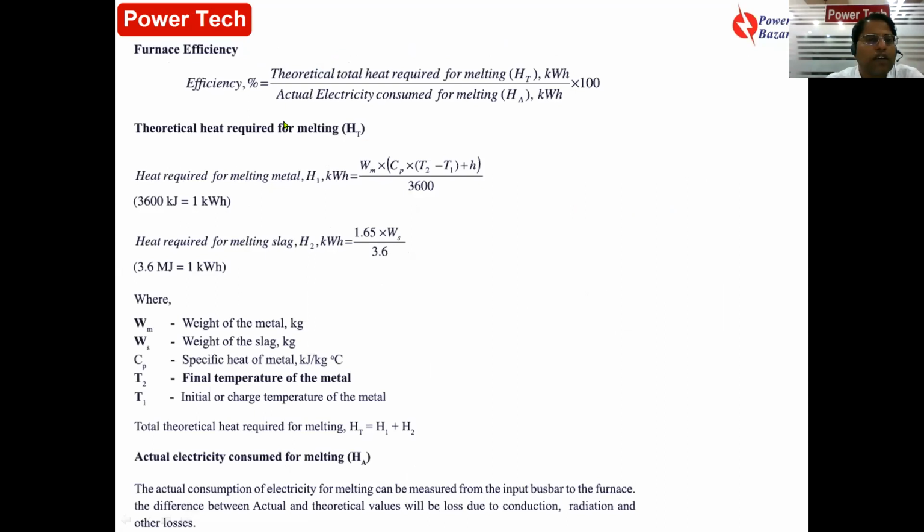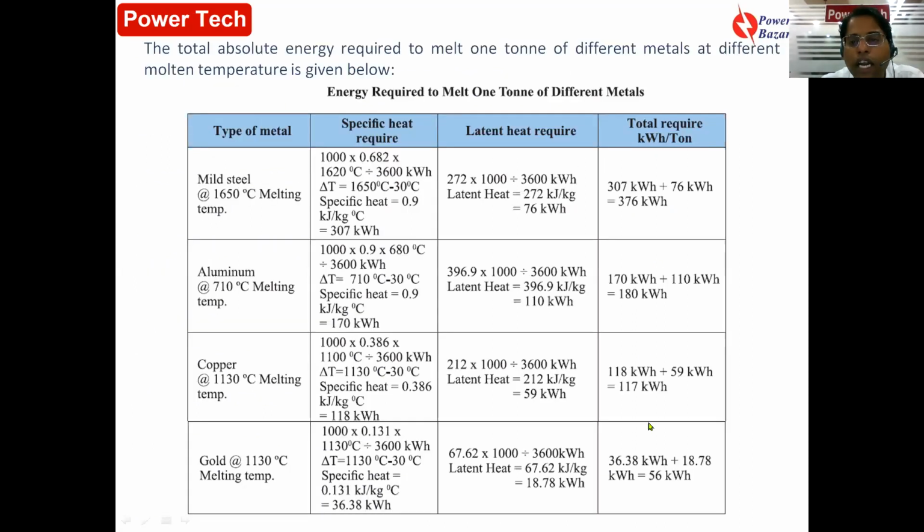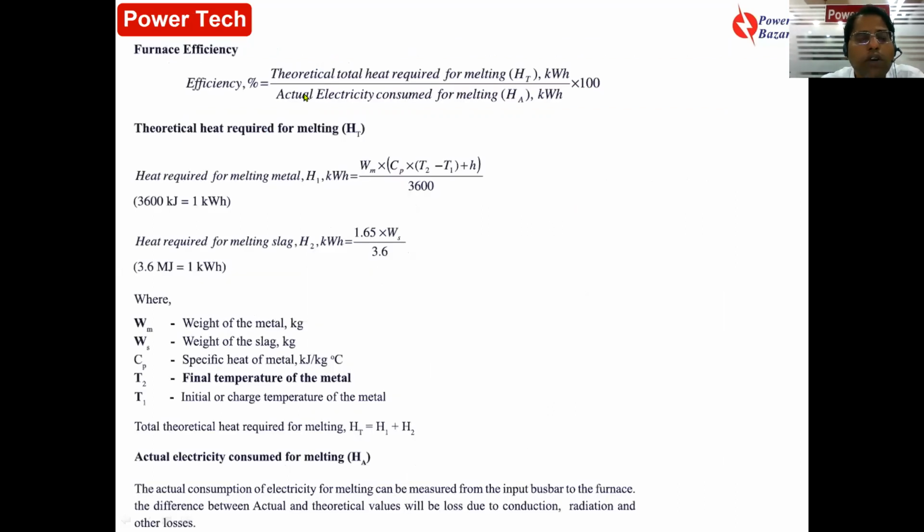Now, what is furnace efficiency? Furnace efficiency is basically based on the theoretical heat required for melting, that means how much heat is required for melting. These are all theoretical heats required to melt 1 ton of these materials. But actually, we require more electricity.